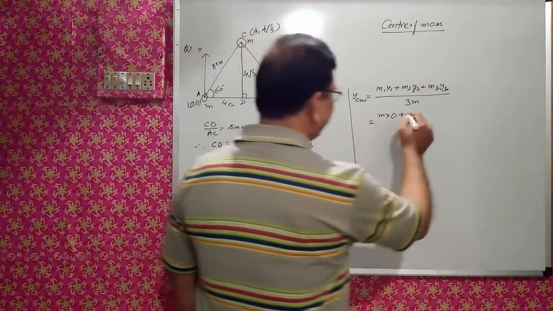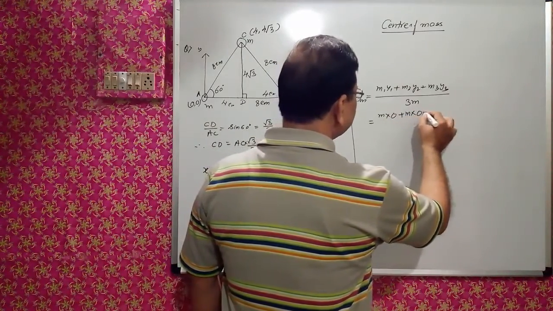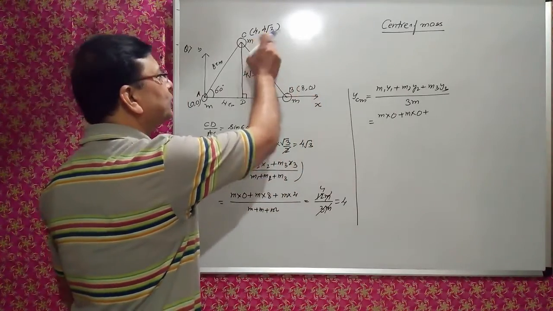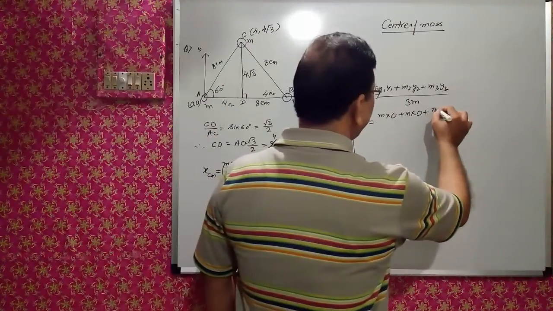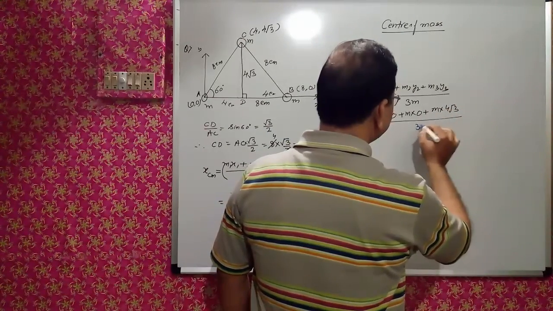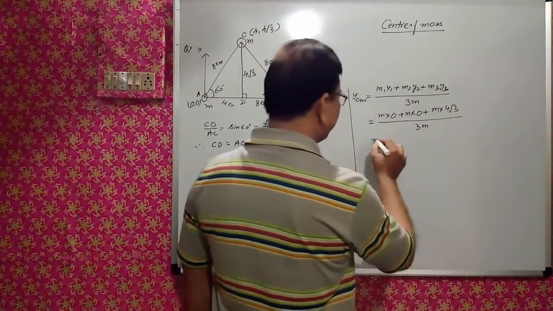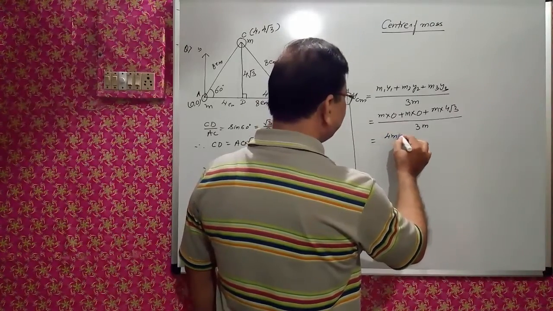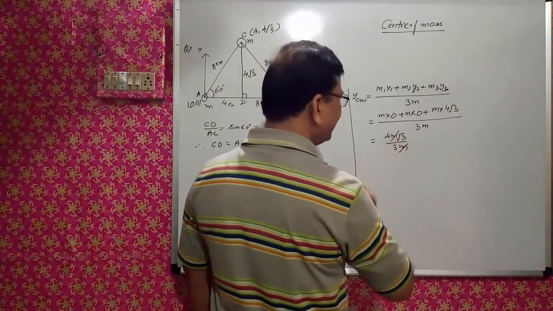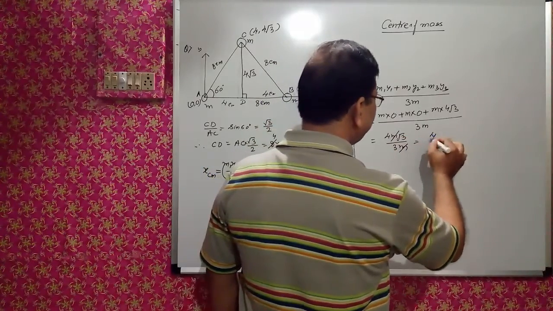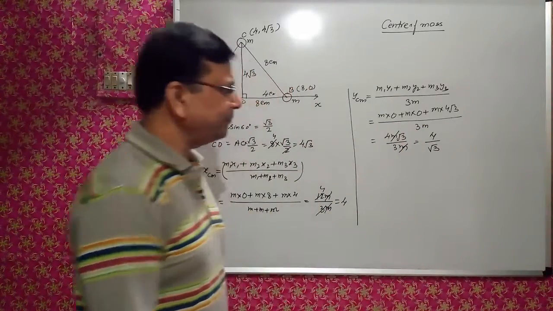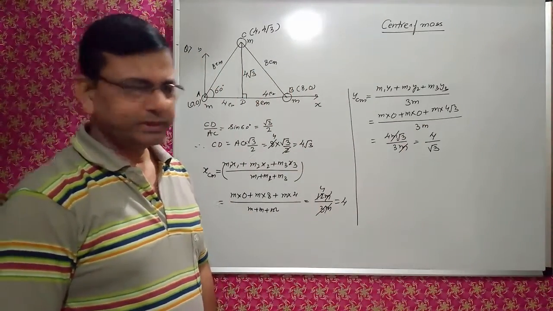For this mass again m into 0, the y coordinate is 0 over here, the y coordinate is 4 root 3, that is m into 4 root 3 divided by 3m. So we will get 4m into root 3 upon 3m, m will go, we will get 4 upon root 3, because root 3 upon 3 is 4 upon root 3.